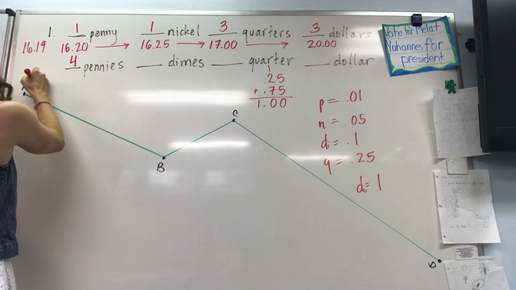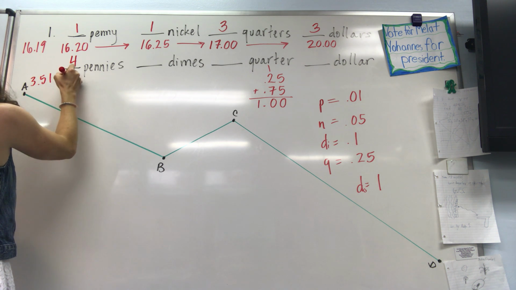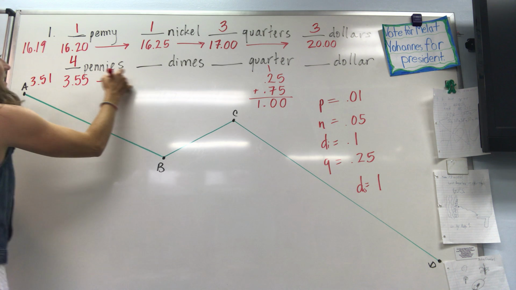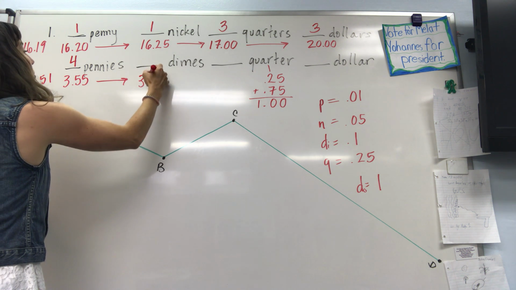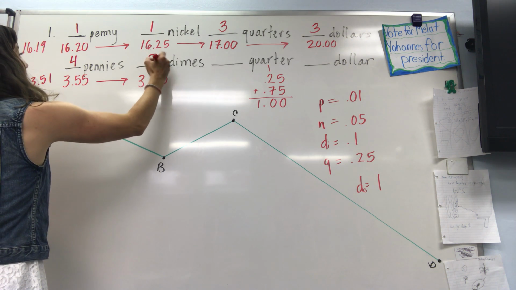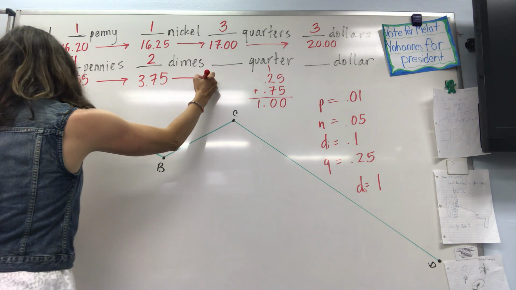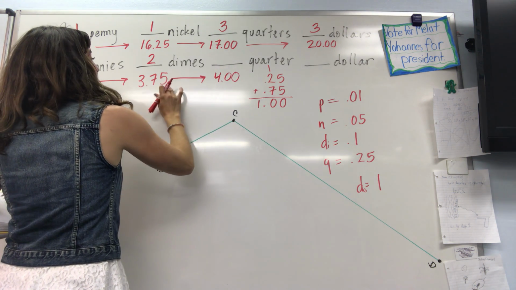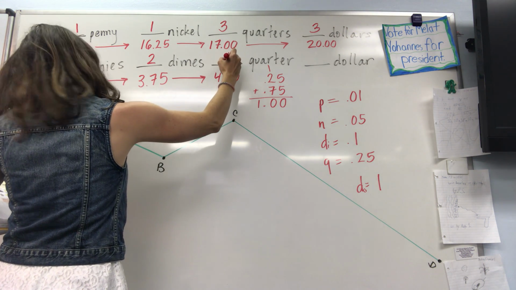And now we need to get to 3.75. That means you need to add 2 dimes. And then all the way to 4, which means you need 1 quarter.